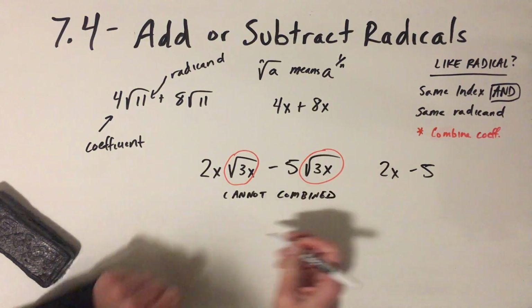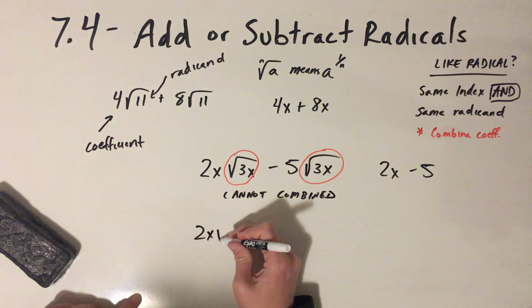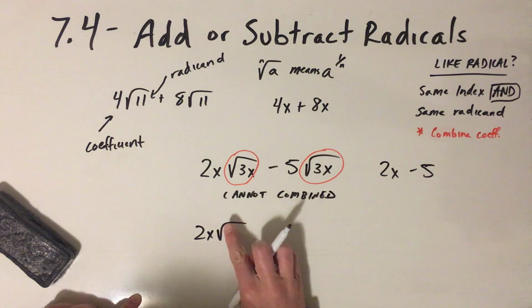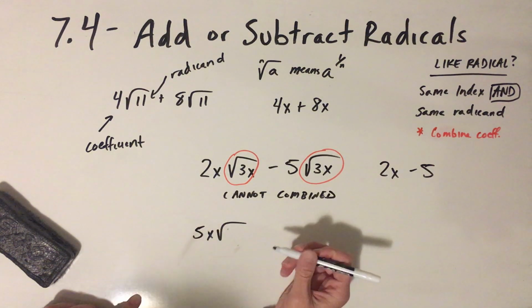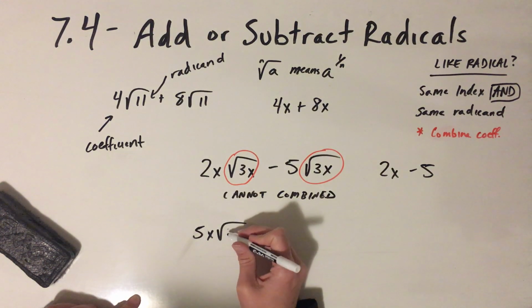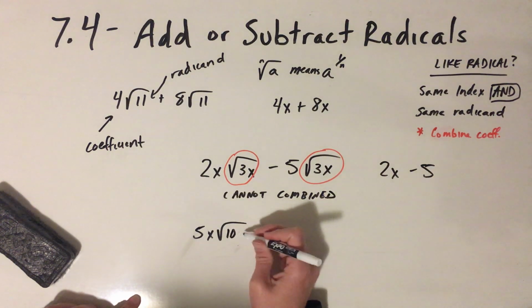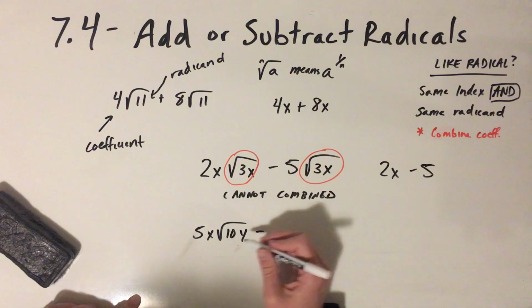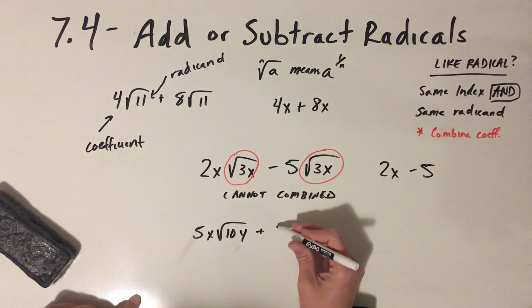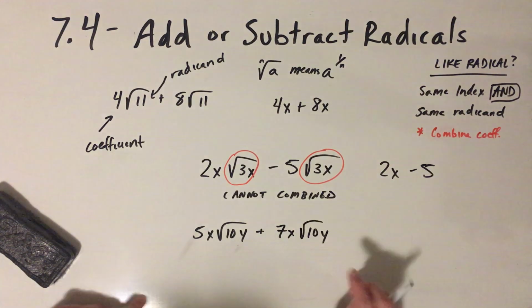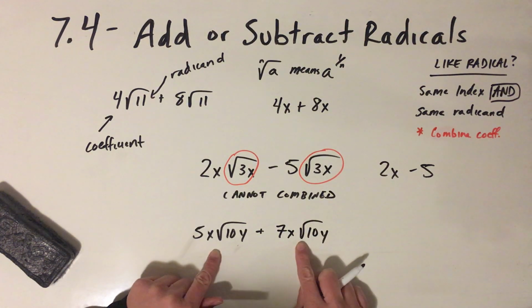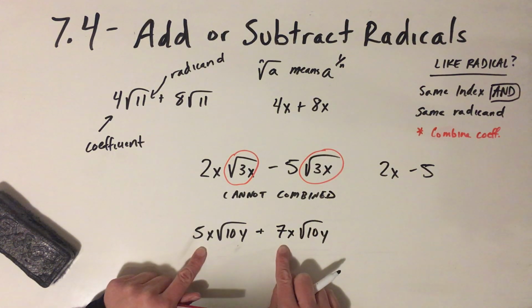Okay. But if I had, let's change these, 5x square root of, I don't know, 10y plus 7x square root of 10y. This is the same radicand, same index, and on the outside, these are like terms.